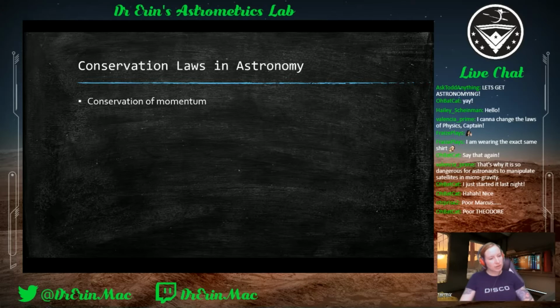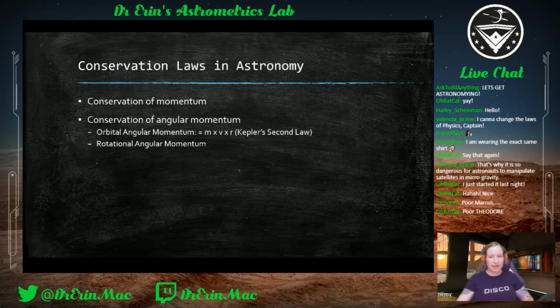Like I said, this is one of those things that's actually a little bit easier in astronomy because we have these isolated systems. You have collisions in space. You're not having to worry about friction or air or anything like that. So the conservation of angular momentum, like I said, this is really what we see a lot of. The orbital angular momentum. So angular momentum is measured by mass times velocity times how far away you are from something.